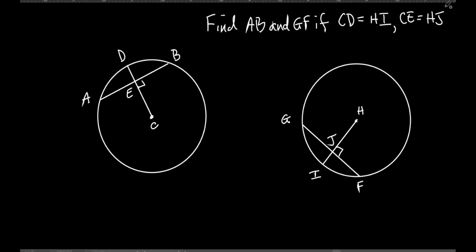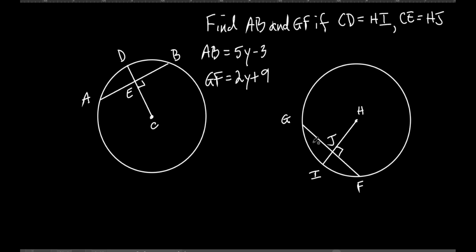Man, they give you a lot of information, but now they also tell you some other stuff. They kind of tell you AB. They don't tell you exactly because that's what they want to find, but they kind of tell you AB, which is 5y minus 3, and they kind of tell you GF, and that's 2y plus 9. All right, they give you a lot. They give you more than you really need probably.